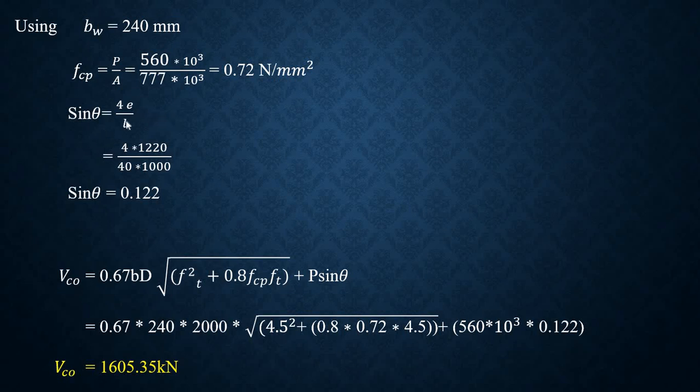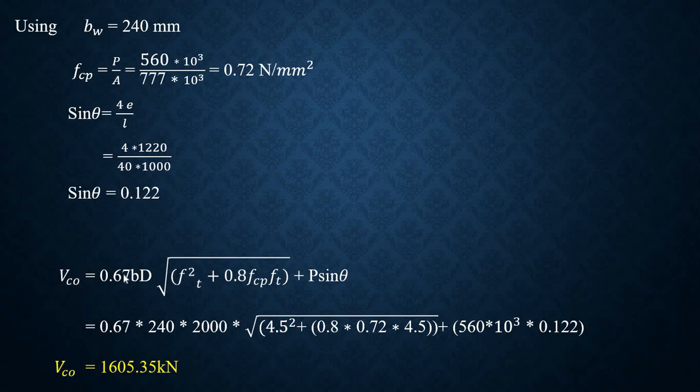On that condition, we can use this formula. e value is known, that is eccentricity at the center is 1220. Take that into 4 whole divided by 40 into 10 power 3, that is length was in meter, convert it into mm. You will get sin theta as 0.122.